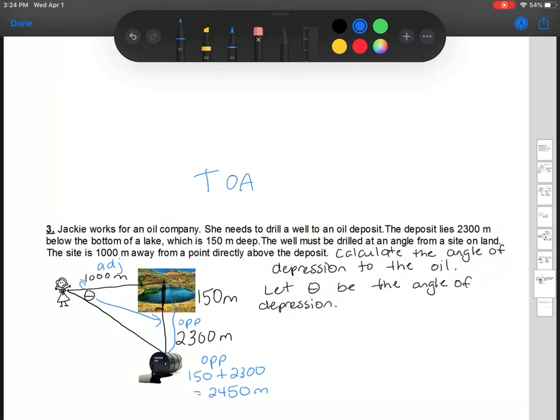And then this side here is adjacent. So again, we've got opposite and we've got adjacent. We're going to use tan. We don't know the angle. We do know the opposite side is 2,450. The adjacent side is 1,000.